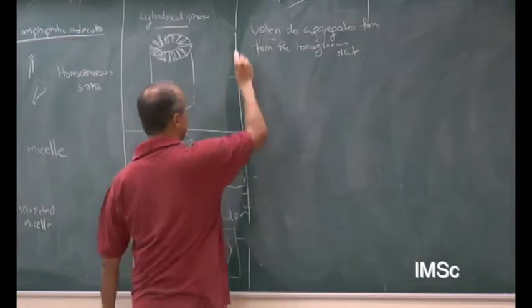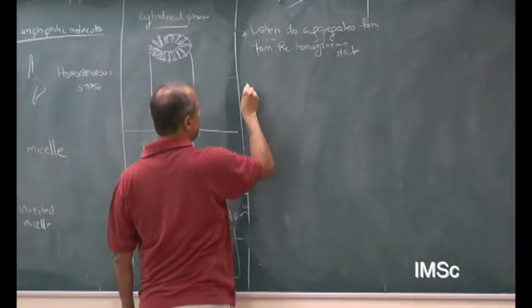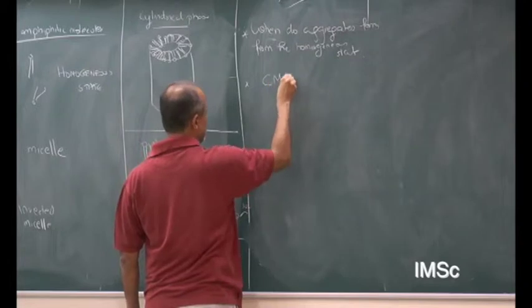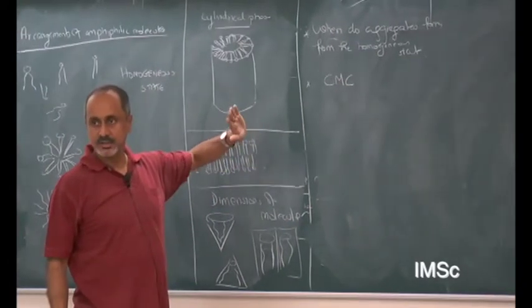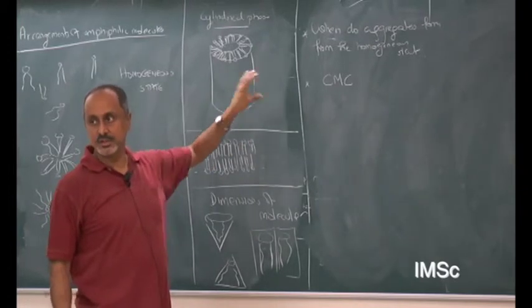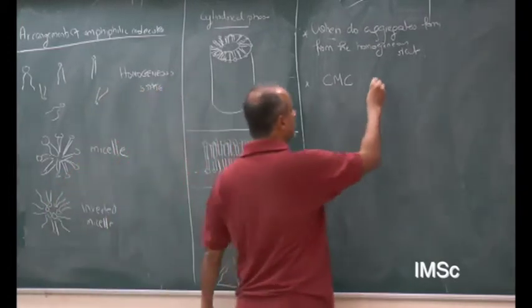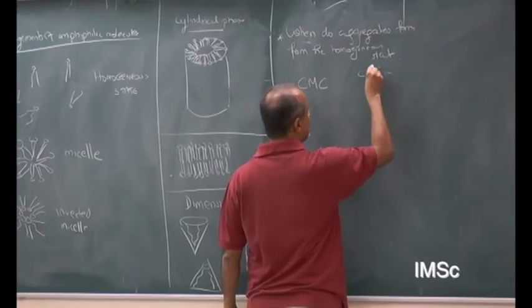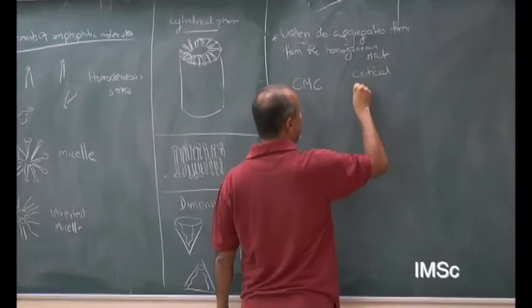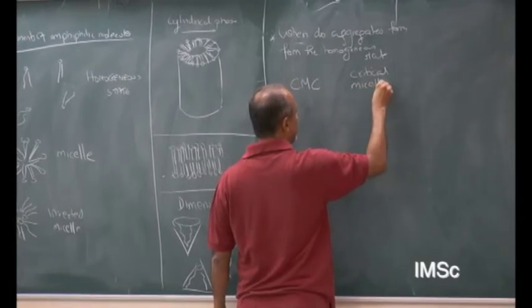And the answer is that there is typically a concentration that need not be very sharply prescribed, but it's an approximate separation of the homogeneous and inhomogeneous region. This is called the critical micellar concentration, or the CMC.